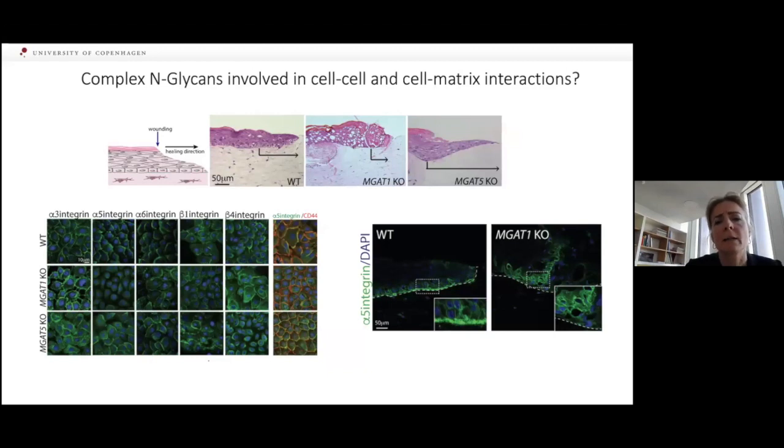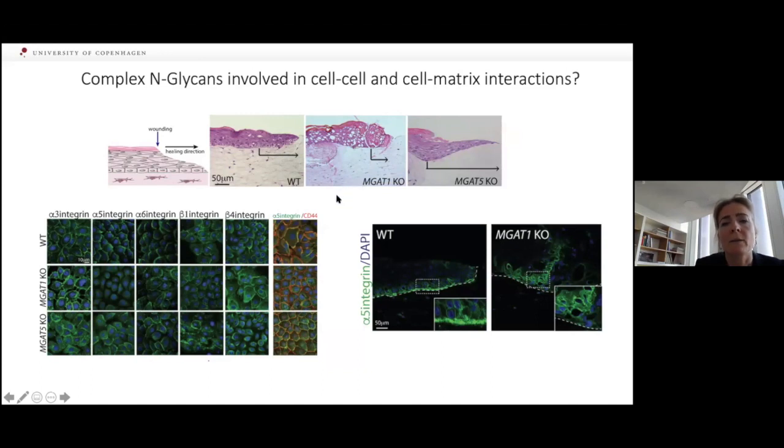Then we tried to look at a more disease-like phenotype, so making a wound in the organotypic model. And here we saw a specific phenotype with the MGAT1, where the cells fail to heal the wound and stop migrating. So we thought, what could this be?